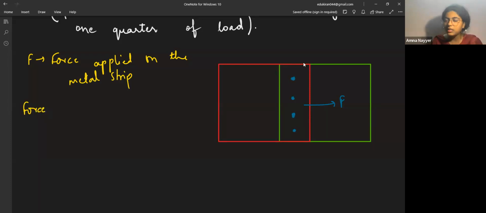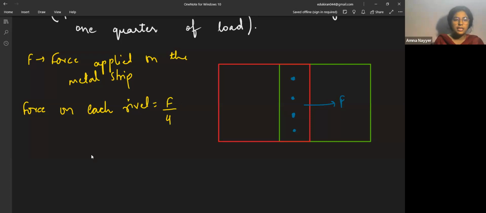On all of these four, the force that is applied is F. So force on each rivet will be F by 4. Now when we use this formula, F L by A delta L, you will put 4 also, because the force is F by 4.